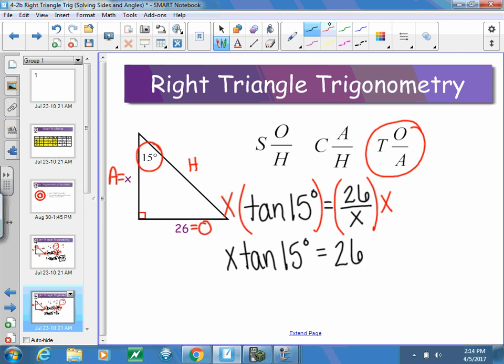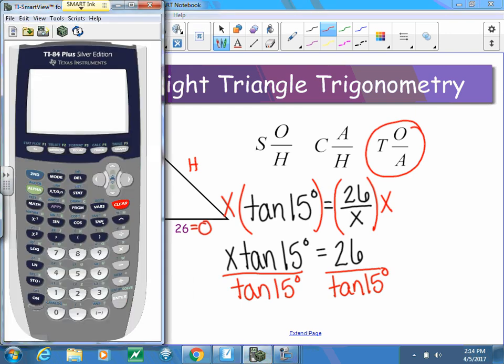Solving for x, we can divide by the tangent of 15 degrees. So we go to our calculator, 26 divided by the tangent of 15 degrees, hit enter, and we get 97.03.